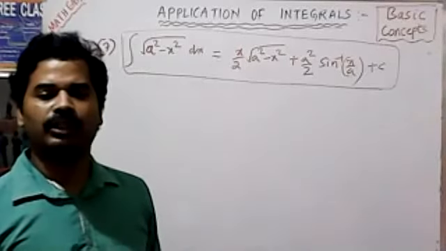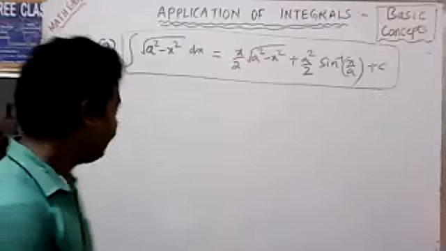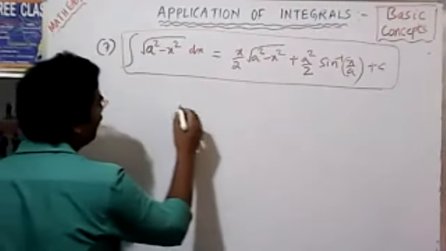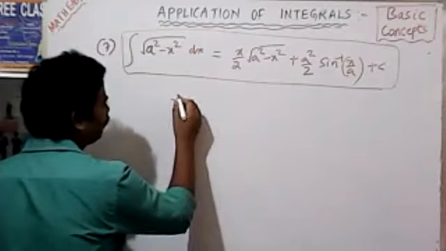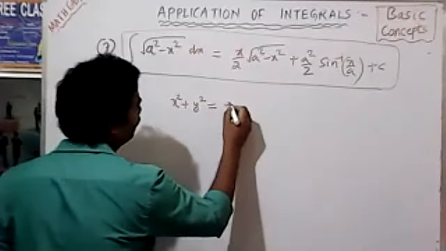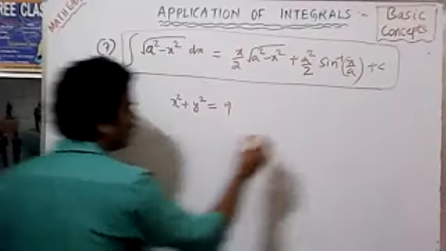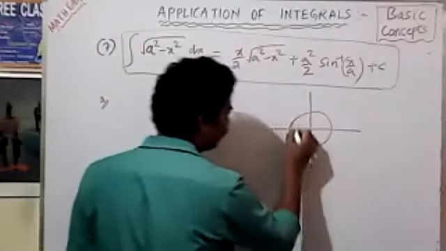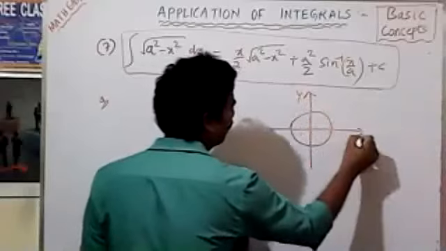What is the question? A simple question you have to find out. Suppose you take one question: find the area of the circle x square plus y square is equal to 9. To find the area, first of all you have to know the diagram.